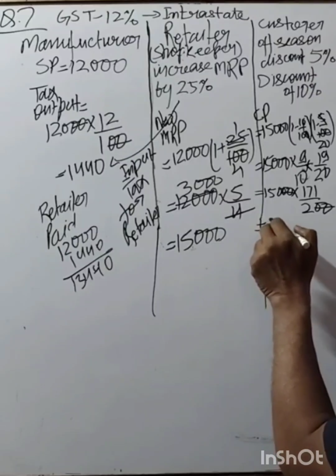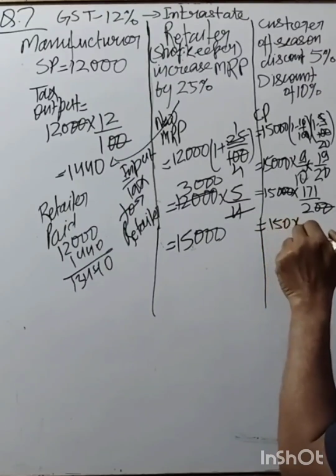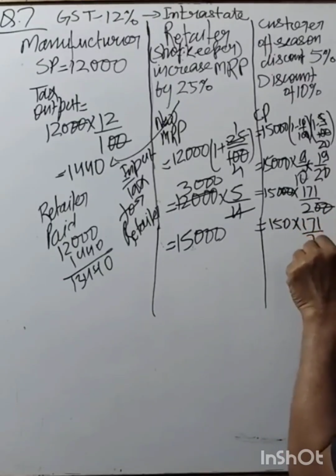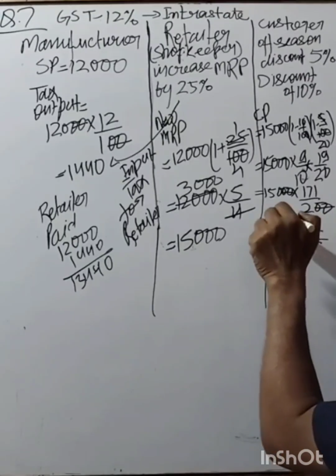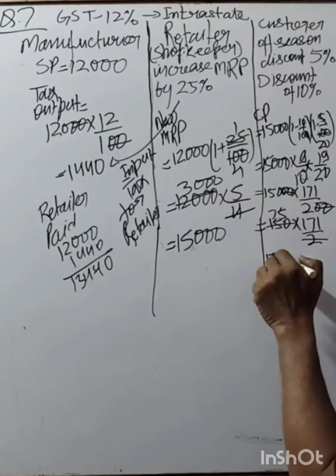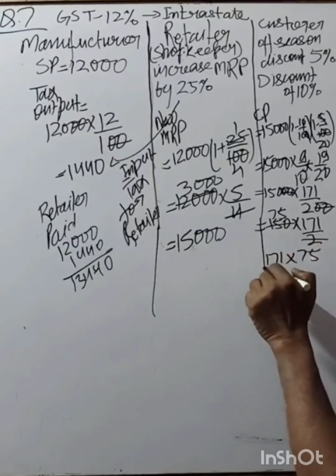It is 150 into 171 by 2. 2 into 75. So 171 into 75.